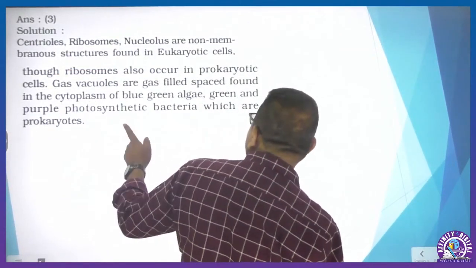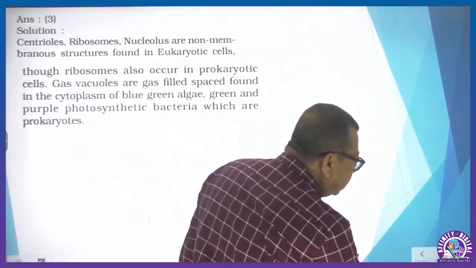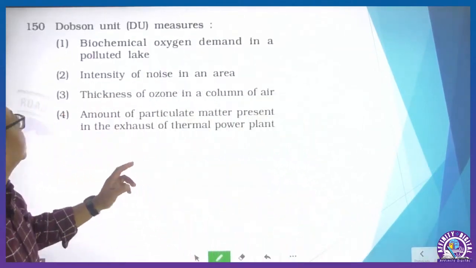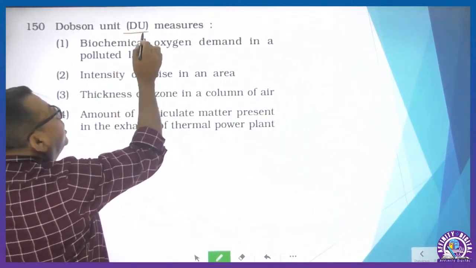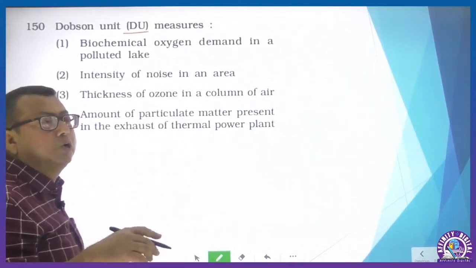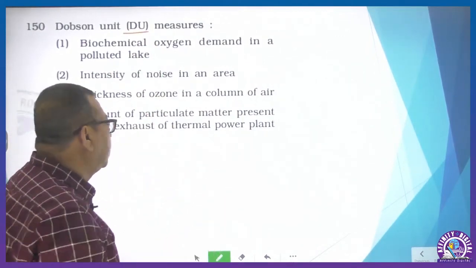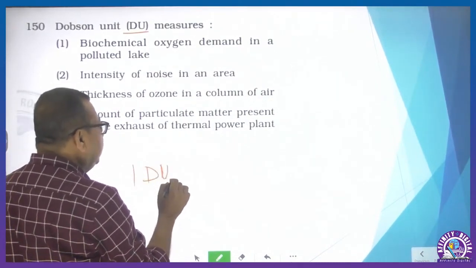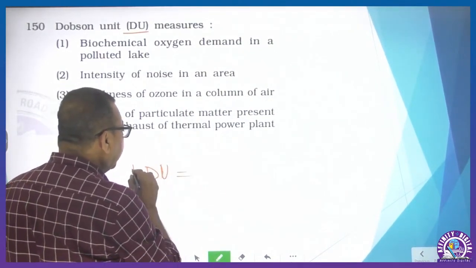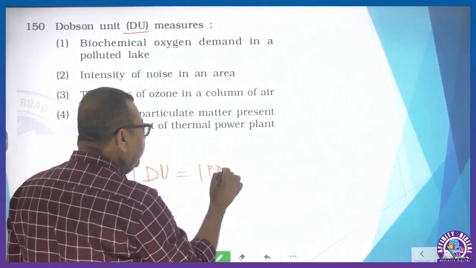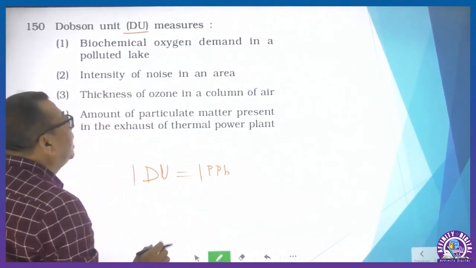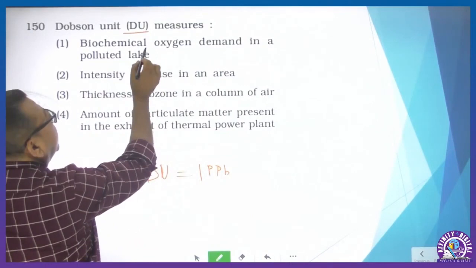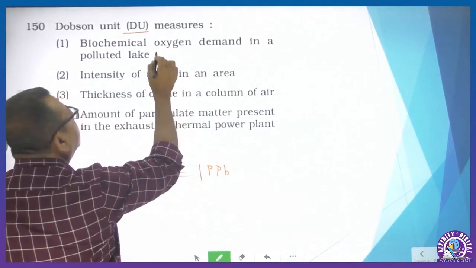Next question, Dobson unit. 1 Dobson unit is equal to 1 part per billion? Dobson unit measures biochemical oxygen demand in polluted water?